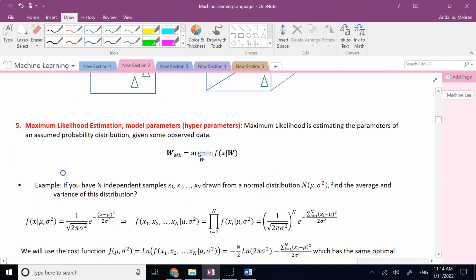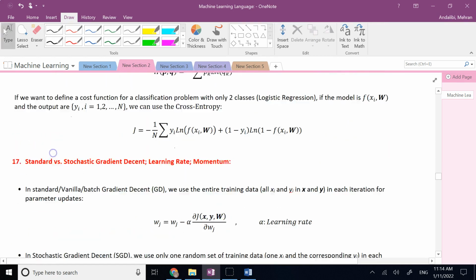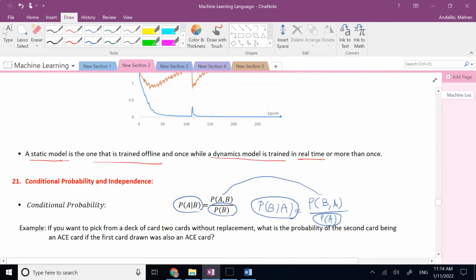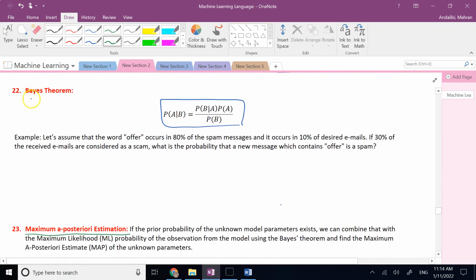Here, you had a model and some observation, and you try to find parameters so that the chance of this observation coming from the model becomes maximum. We call it maximum likelihood. Now there is something closely related to that called maximum a-posteriori, or MAP estimate, which comes from the Bayes theorem.